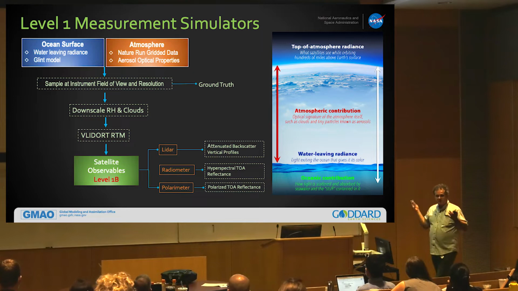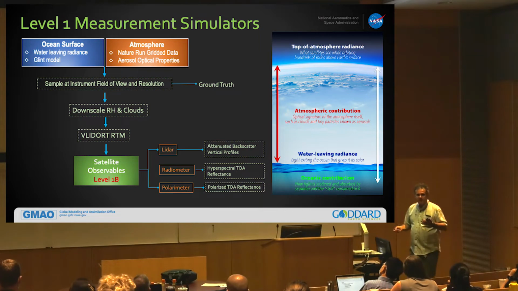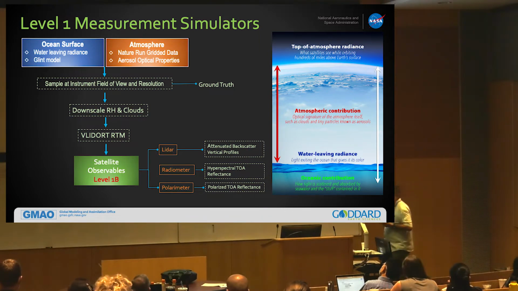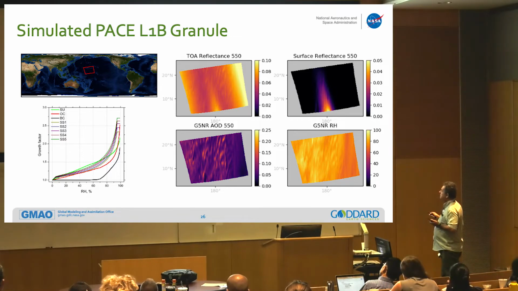Great as space-based satellite data is, it's not really a perfect instrument. It doesn't really have all the details that you need to actually solve the inverse problem. Approximations need to be made, and so that's the main use of this, to understand the limitations. A few examples here. Patricia took a little granule in the middle of the Pacific, and that's the total top of the atmosphere reflectance.